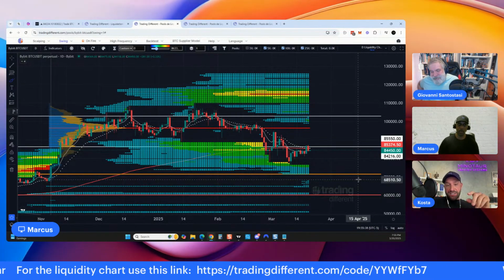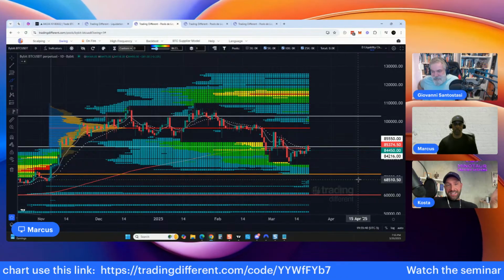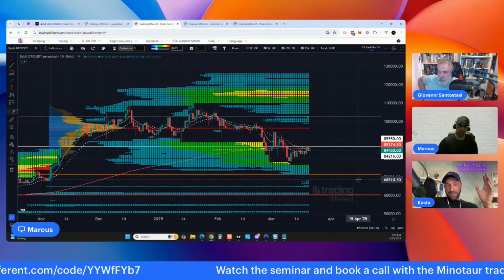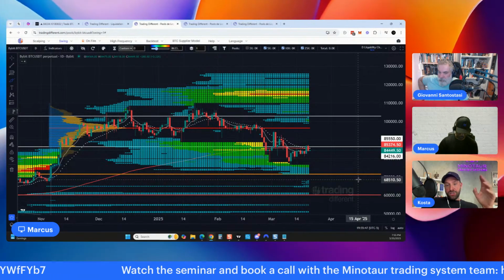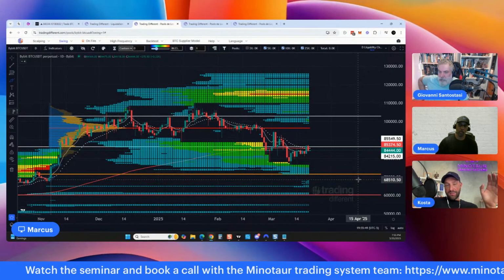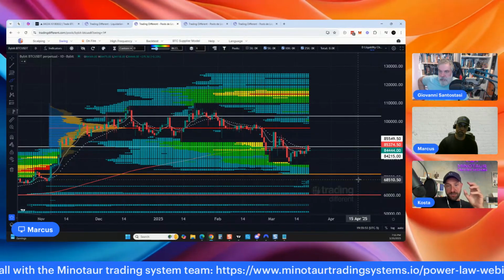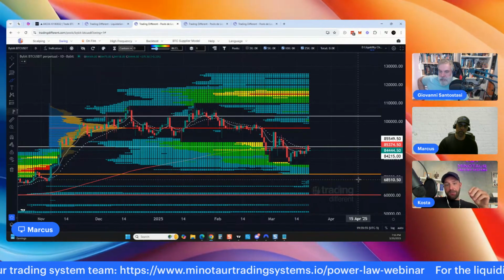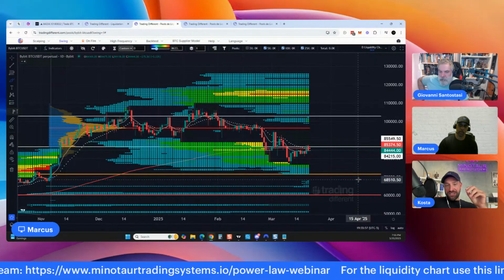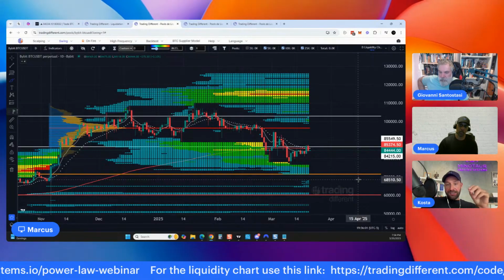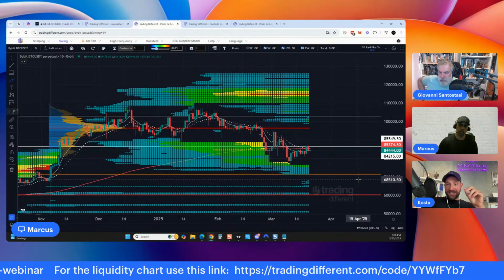And I think another thing, when I listen to these things, I always want someone to say, what's the price going to do? We've got the power law, and Giovanni's going to go through his analysis of where he thinks we should be, according to the power law, at which times of year. But looking at this map right now, you can say with a high degree of probability that there's a high likelihood it could get to 70K.